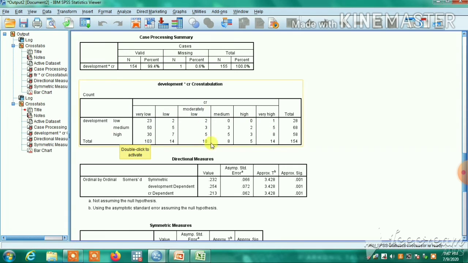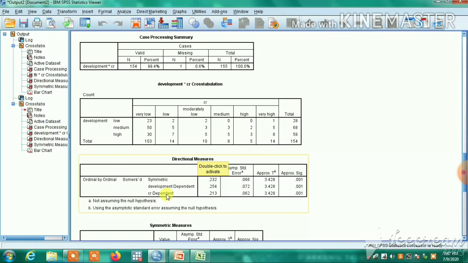And this value we have to interpret in this way. 23 cases are there which show low level of development and low level of COVID cases. 2 cases are there, low level of development and low level of COVID cases. 1 case is there, low level of development and high level of COVID cases. Similarly, high level of development, very low COVID cases, 30. Similarly, the others also.